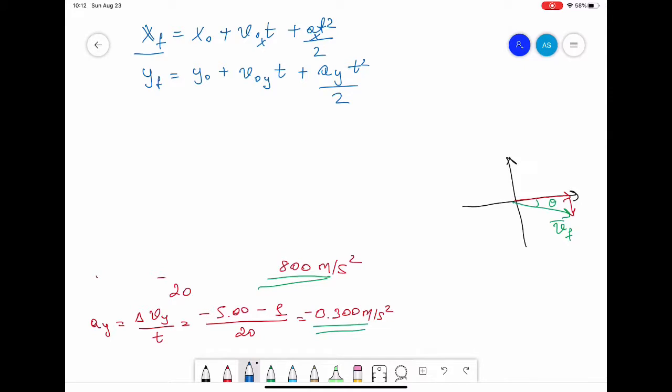Okay, so time is given, so you have to substitute 25 seconds. a x is given, a y is given, right? Then v initial x is given already in the problem, and v initial y is also given. So if you plug in the numbers, you will find your x final and y final at 25 seconds.